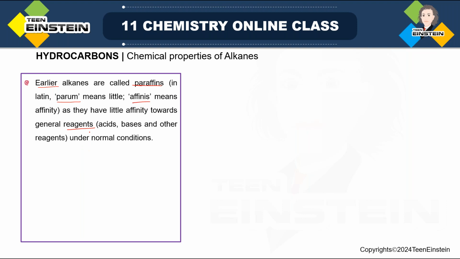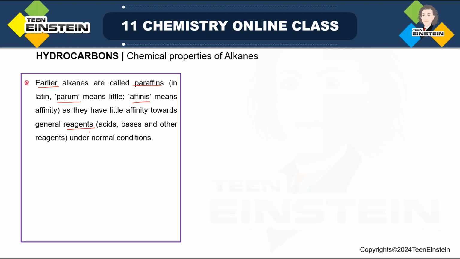General reagents means, whenever we discuss chemical properties for any particular class of compounds, there are some common general reagents we always talk about. For example, how a particular substance reacts with acid, how it reacts with base, or any other reagent such as any metallic catalyst. Oxygen also you can consider a general reactant.